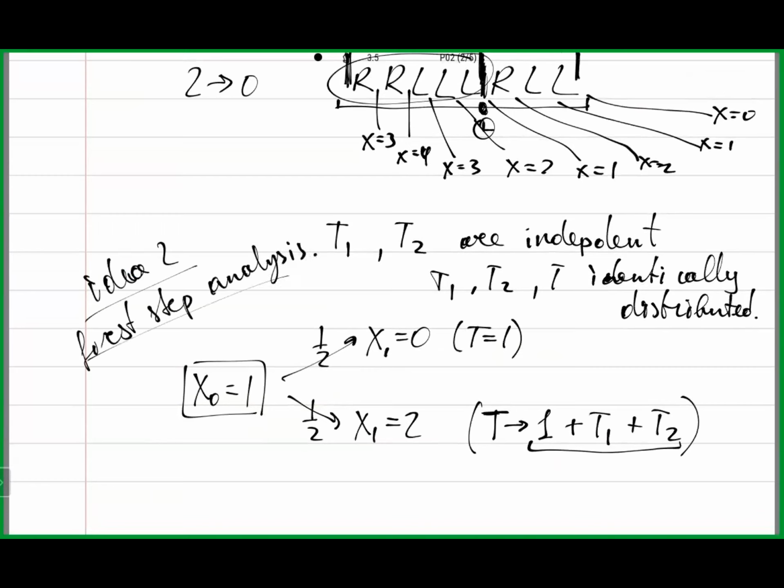This approach tells us to just consider one step and describe how the situation changes after one step. Maybe it is similar to the initial situation, but with some modifications. And indeed, if we move up, we have two random variables that are identically distributed to our initial random variable. So there are two powerful ideas that we used in the solution of this problem.